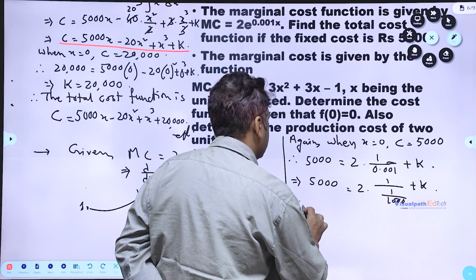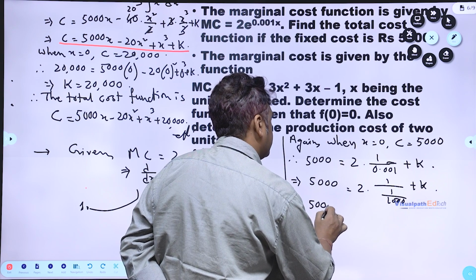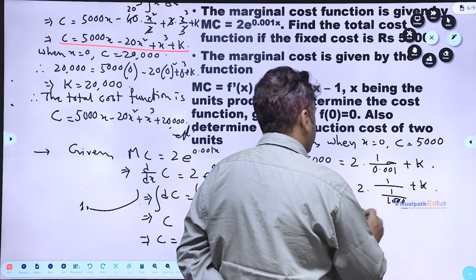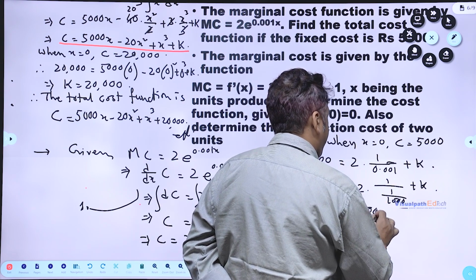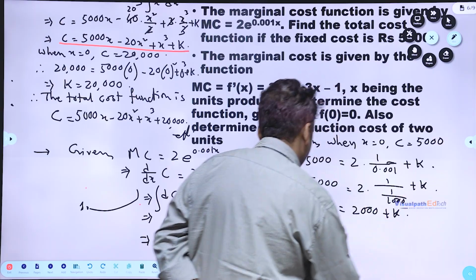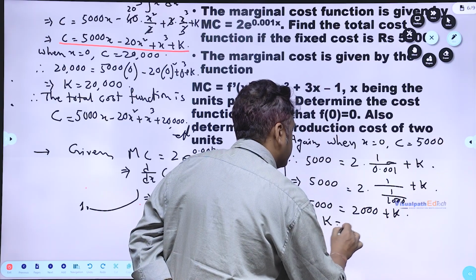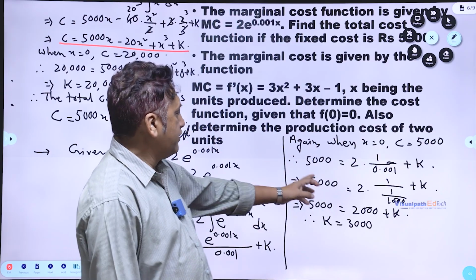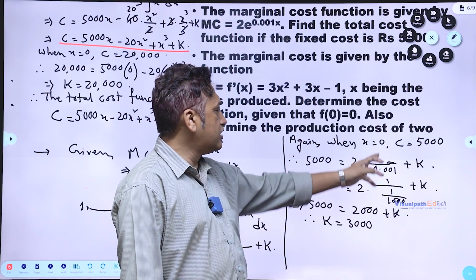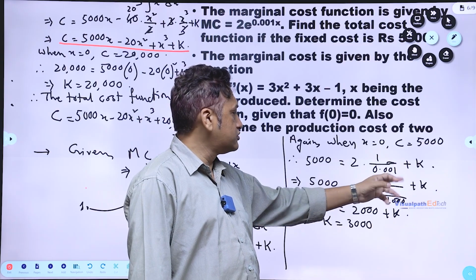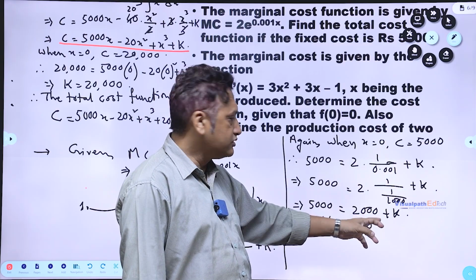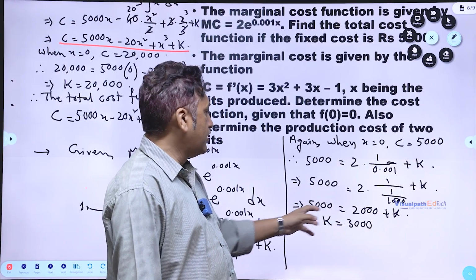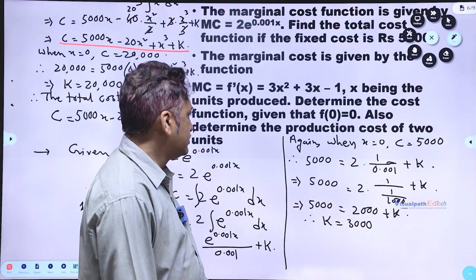In other words, 5,000 is 2,000 plus k. Therefore, k is equal to 3,000. So k will be 5,000 minus 2,000, which is equal to 3,000.